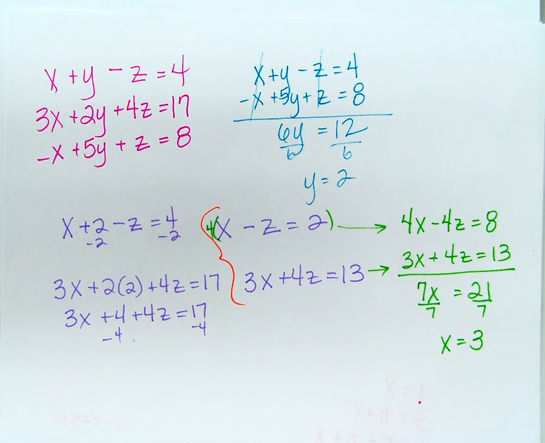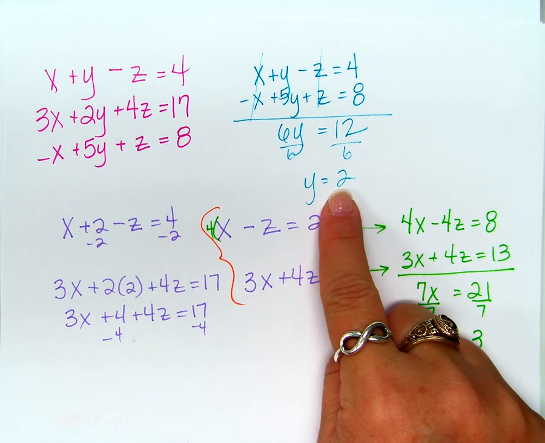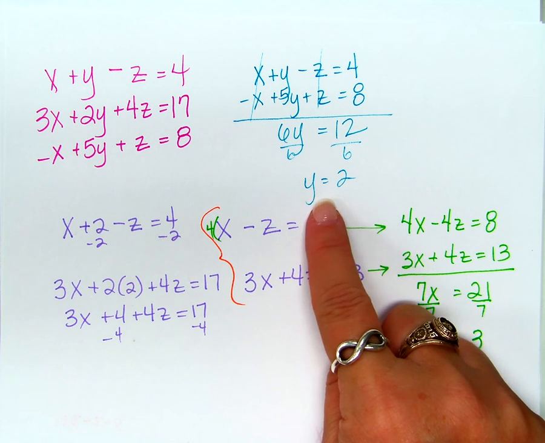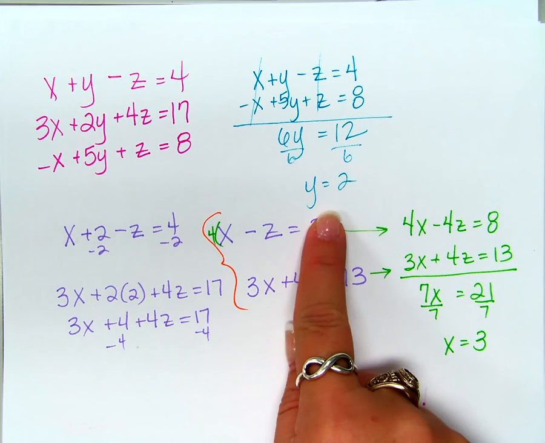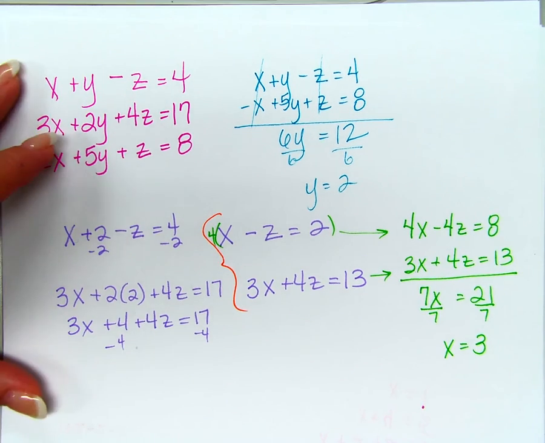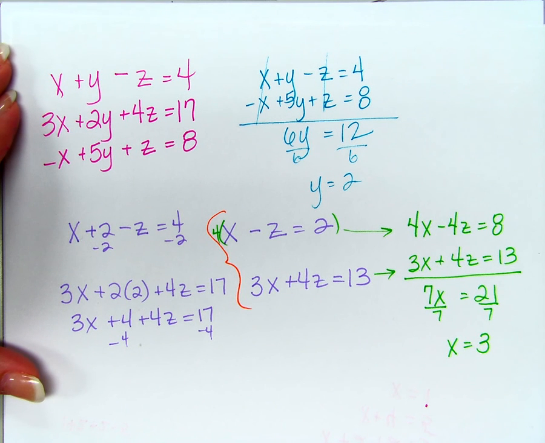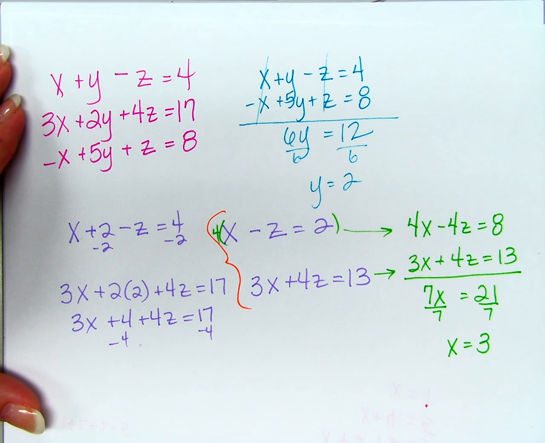What do I have left to solve for? Don't I already know y? I have x and y. What do I have left to solve for? Z. Where would be the best place for me to go? I mean, I guess you could.